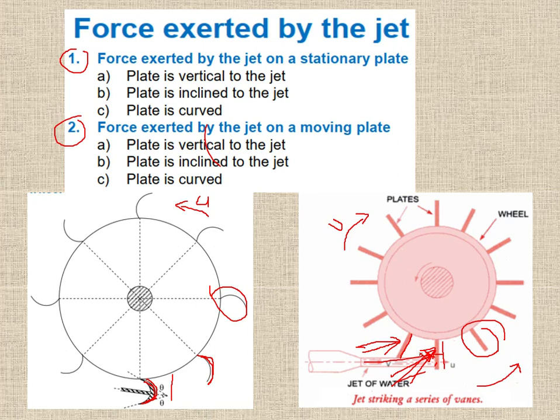In both cases, please listen carefully. The blade may move in the direction of the jet, so this is the direction of the jet, and if the blade is moving in the same direction, just like this, the blade is moving in this direction.